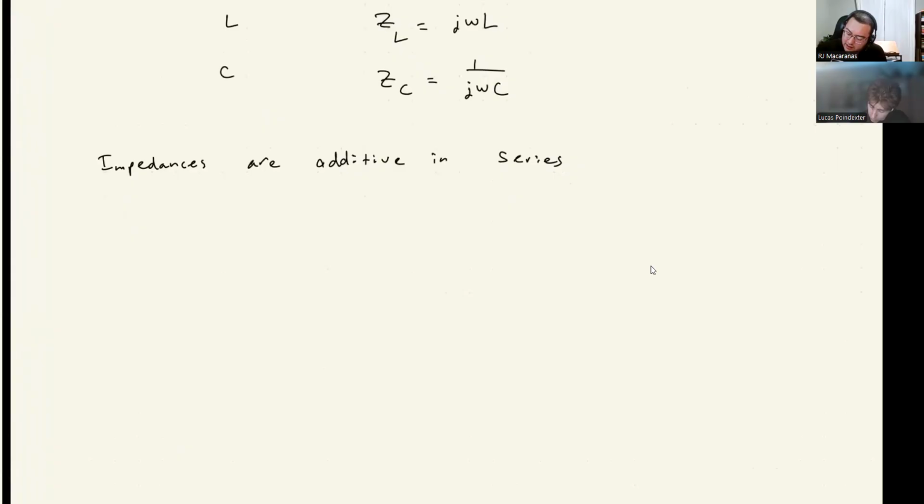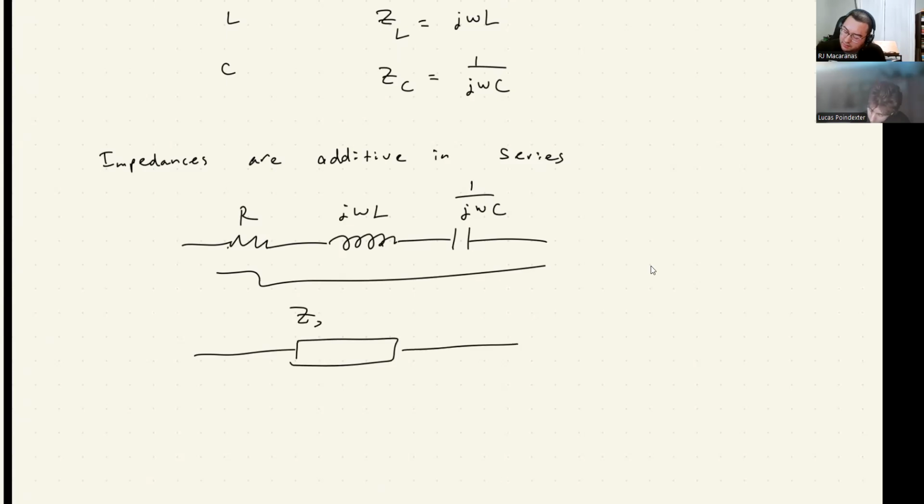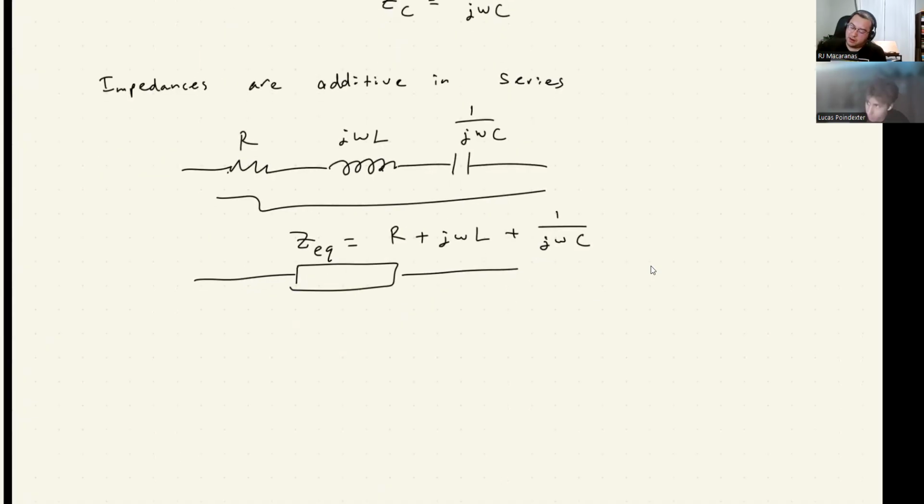If I had, for example, a resistor, then an inductor, and then a capacitor in series, I could transform the elements into their impedance form and add them together to get an equivalent impedance, which in this case is R plus J omega L plus 1 over J omega C. And just like resistance, they sum the exact same way in parallel.